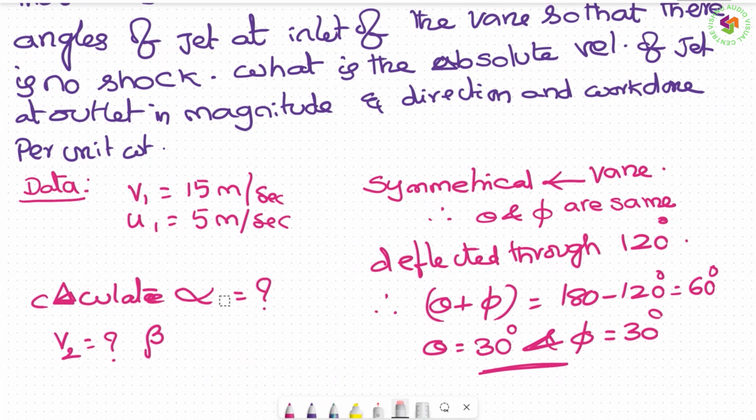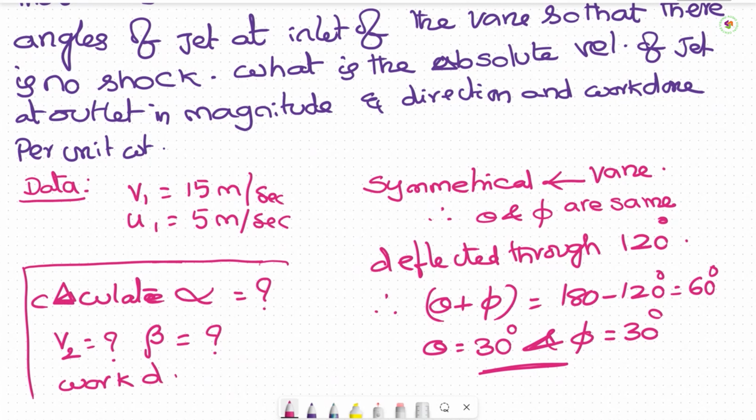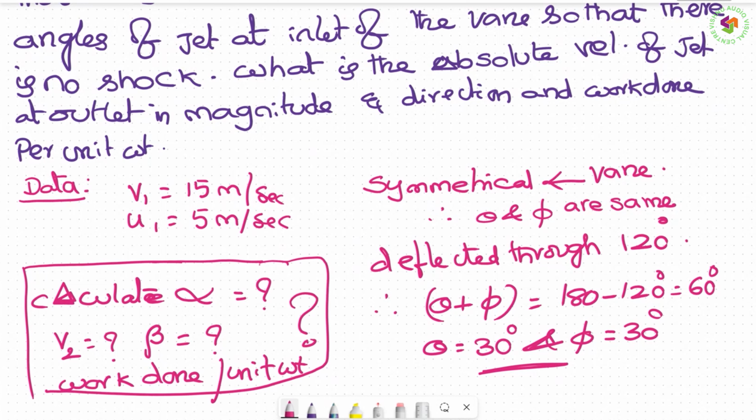Apart from that, what is the work done per unit weight. So this is what is being asked, right?